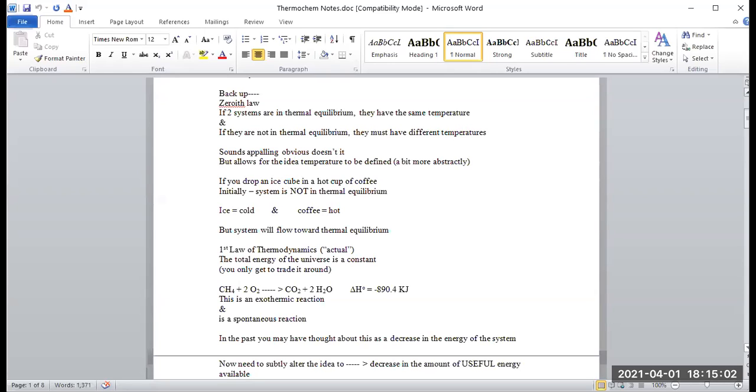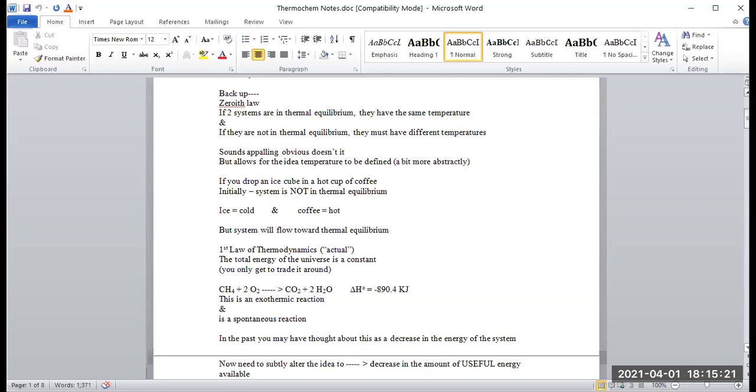But we have no thermal equilibrium until the ice has melted. Because the ice is cold, the coffee was hot. I put them in combination with each other.